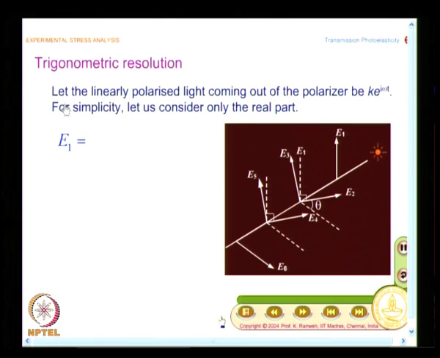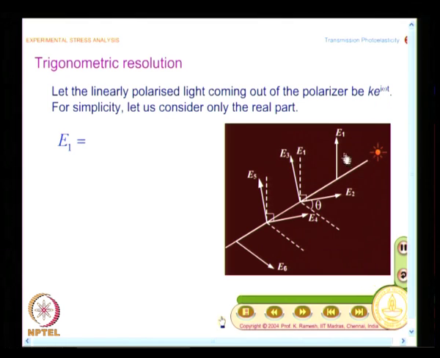Let the linearly polarized light coming out of the polarizer in general be k e power i omega t, because I can have cos omega t and sin omega t terms. For the purpose of this discussion, we will consider only the real part. When we go to Jones calculus, we will retain k e power i omega t.